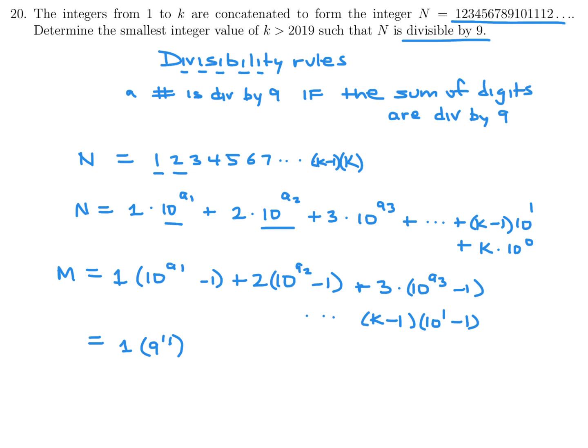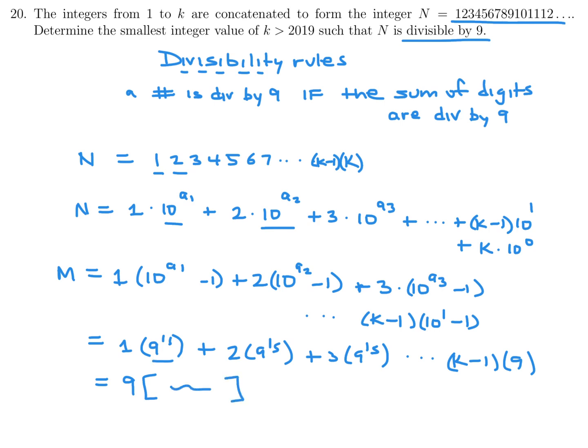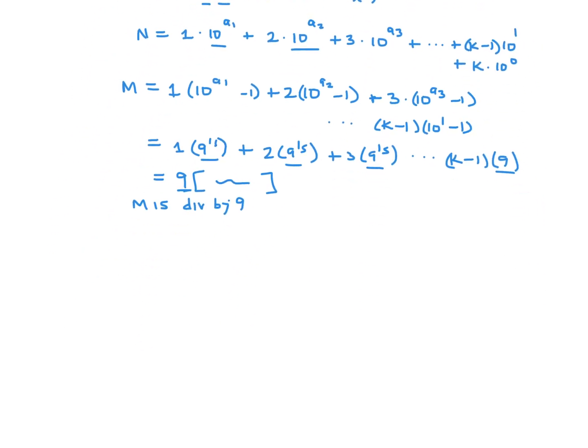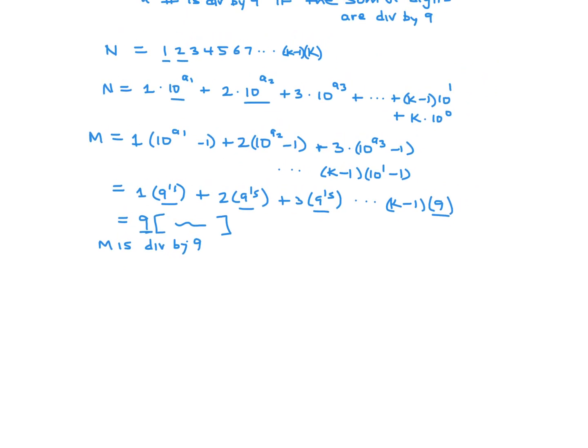Similarly with this one, a bunch of 9s, all the way till k minus 1 times 9. So we can factor out a 9, and everything will be able to be factored, because there's a 9 from here, from here, from here. So that means that m is divisible by 9. We've shown it. That's the goal of that fancy algebra, to show that m is divisible by 9.